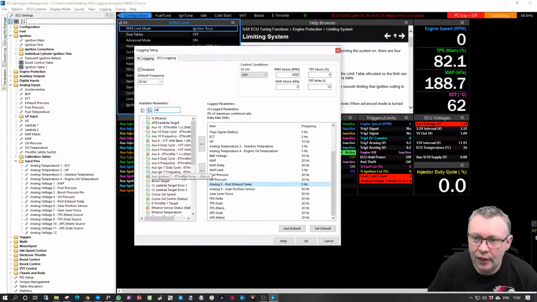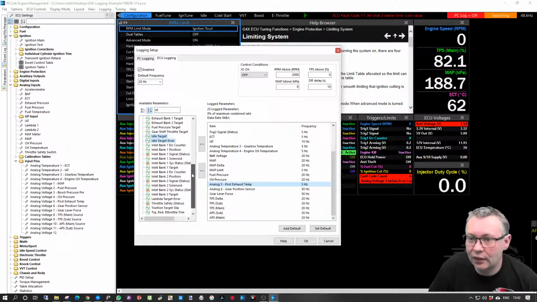Now, e-throttle is one thing that you would probably want to also log your e-throttle target. And while we're here in targets, we can actually log our boost target, because we're going to get onto boost in a minute. And we can log our idle target. Idle error is a good one as well. Sometimes if you're trying to trace a really smooth idle, it's nice to be able to see that. If your car's got VVT like this has, you can actually log your inlet bank target as well.